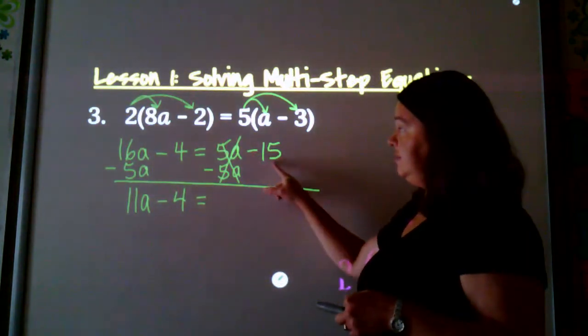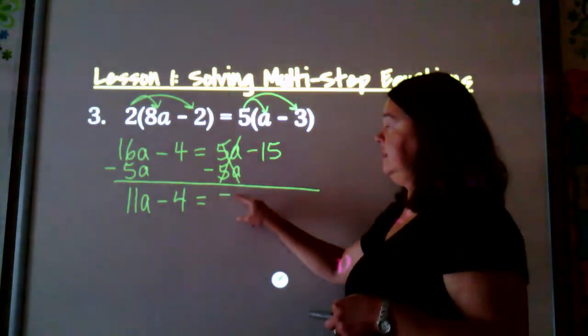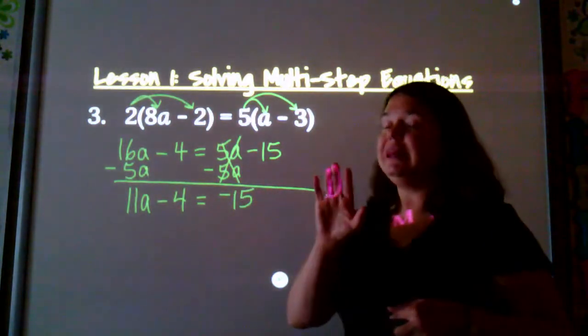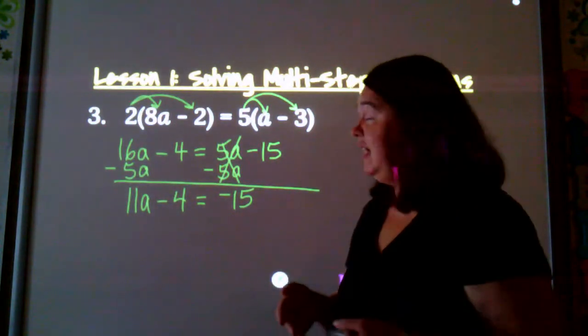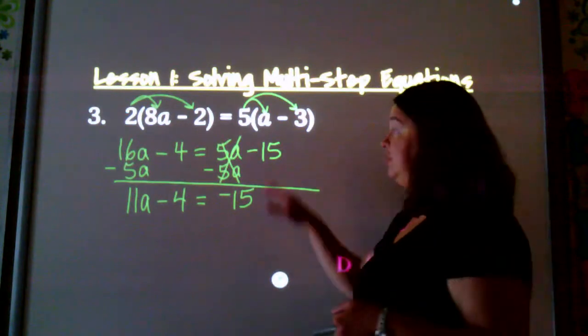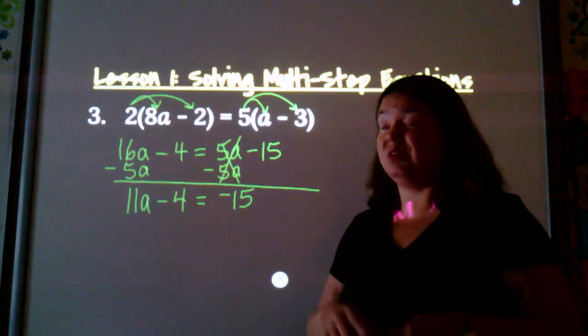See that minus in front of that 15? That needs to be kept as a negative 15. ACT loves that kind of stuff. They want to see, do you keep up with all your negatives? And that is a common mistake. So if you drop that negative and turn that into a positive 15, you're going to get the wrong answer.